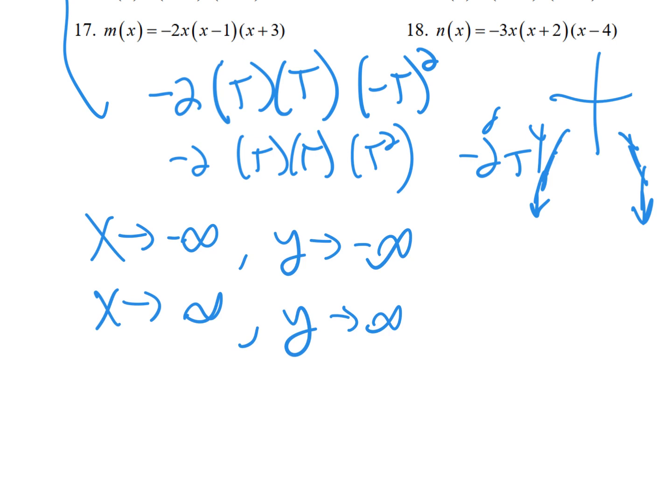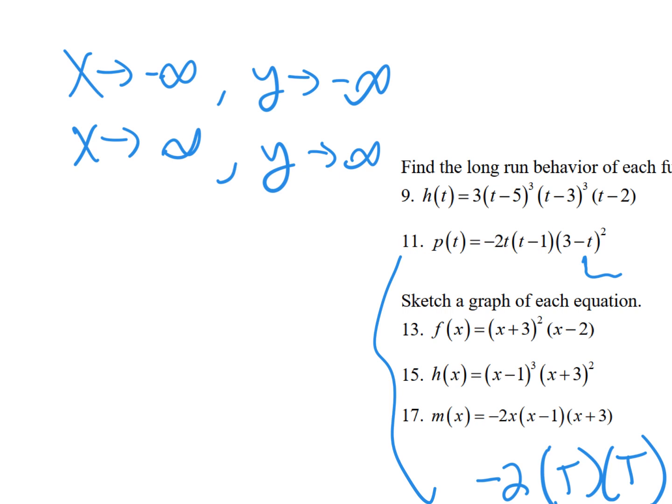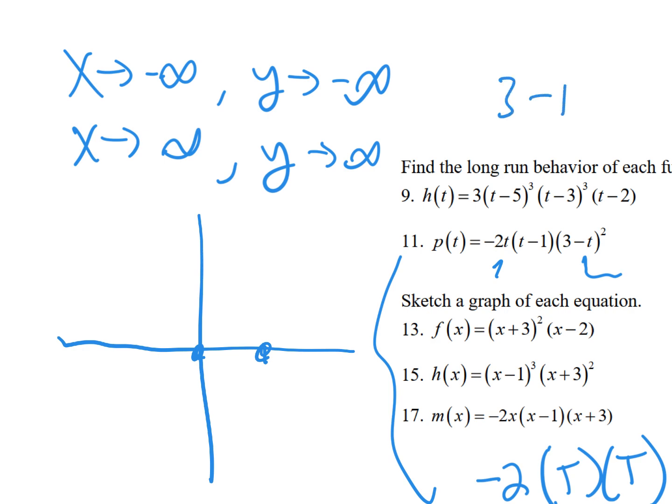Let's see what we can do. So we're talking about number 11 still. Get a pen going, Dan. I see it crosses the x-axis, or t-axis, at 0 because of that. I see it crosses the t-axis at 1. Here, I'm going to stretch this out. And then it also crosses the t-axis where 3 minus t equals 0. Well, that's t equals 3, right?